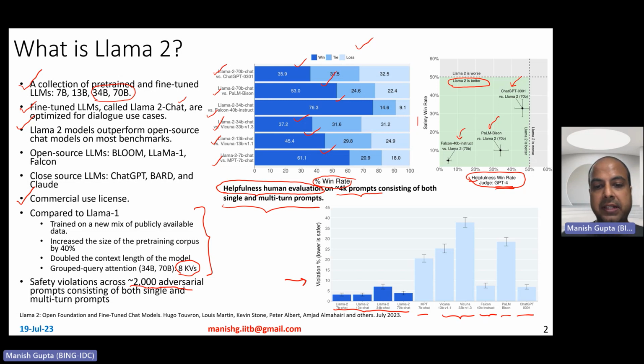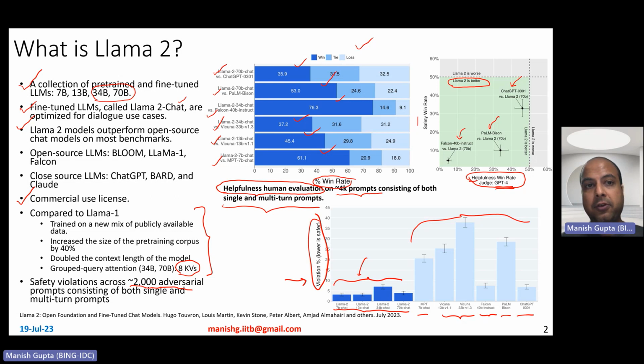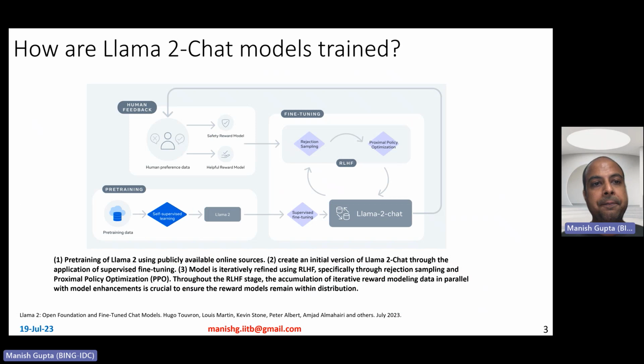And what they observe is that the number of violations are much lesser in Llama models compared to those in other large language models. Okay. So all in all, Llama 2 is a great thing because these models are commercially usable, they are safe, and they actually are more helpful. That's a short summary. Right?